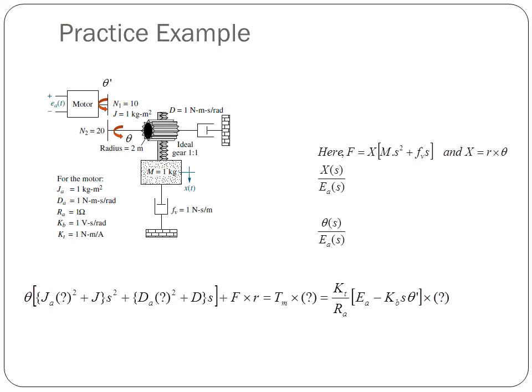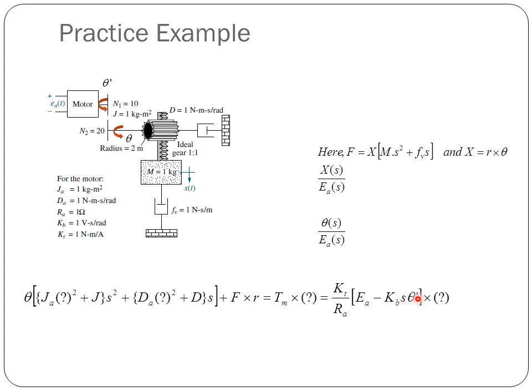So the only new thing in this example is this one, to convert Tm into EA, but we should note that there is an additional term of theta associated with this part. So this theta should be transferred to the left side of the equation and combined here with this theta.